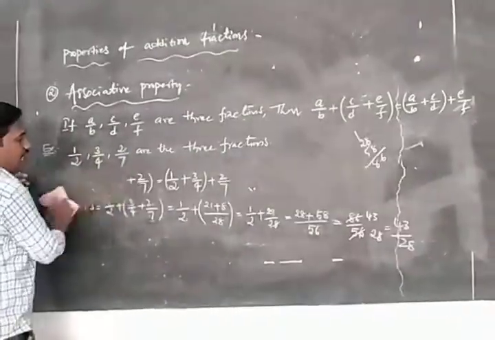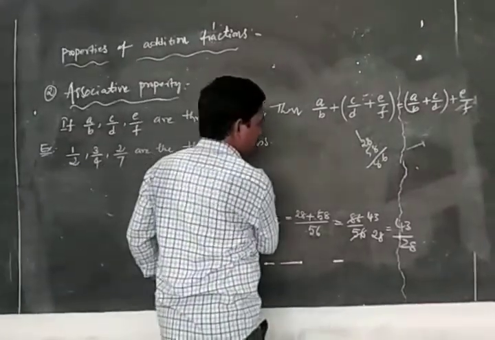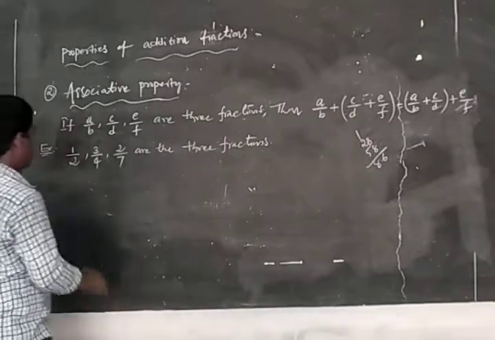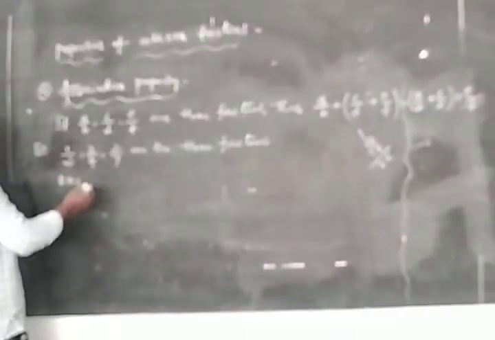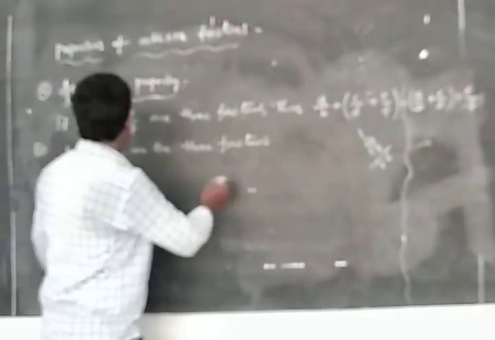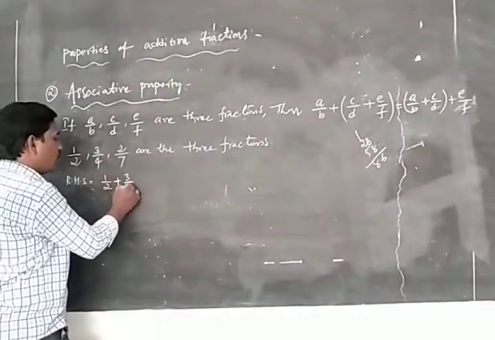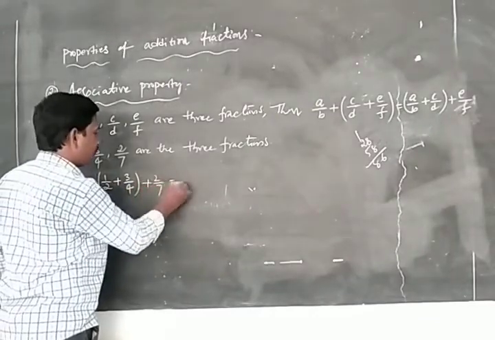Now calculate the RHS value. RHS is 1/2 plus 3/4 plus 2/7.